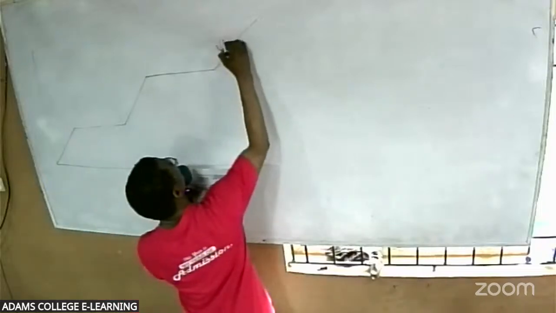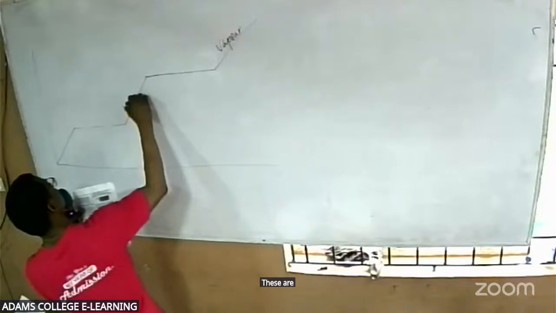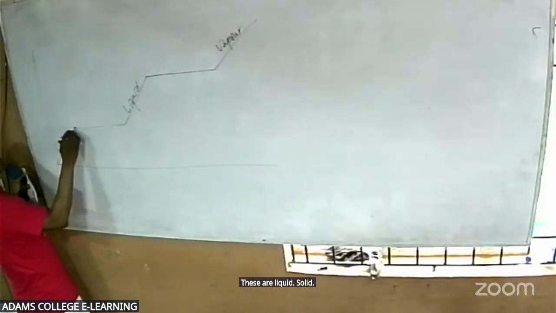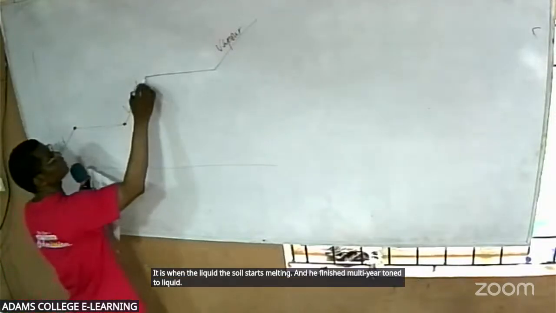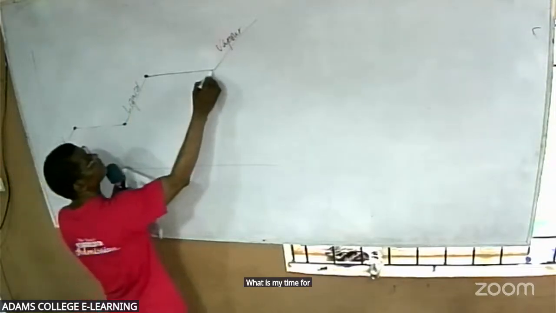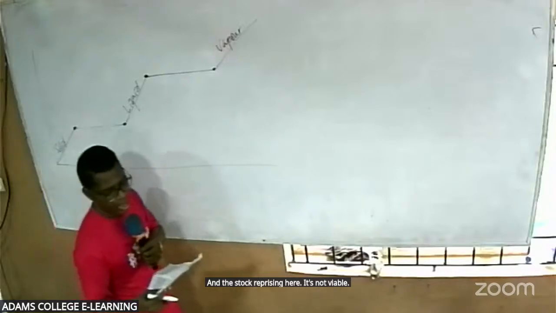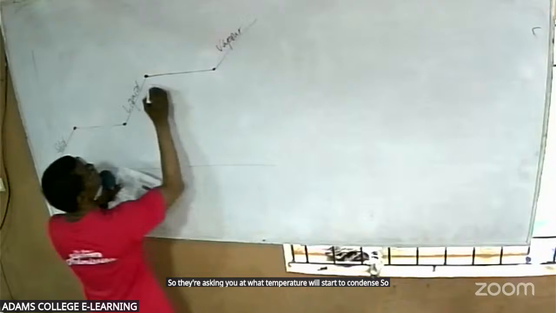These are vapor, these are liquid, this is solid. This is when the solid starts melting and finishes melting here, turning to liquid. Then it starts vaporizing and stops vaporizing here, now vapor. So they're asking at what temperature it will start to condense. The answer is this temperature.